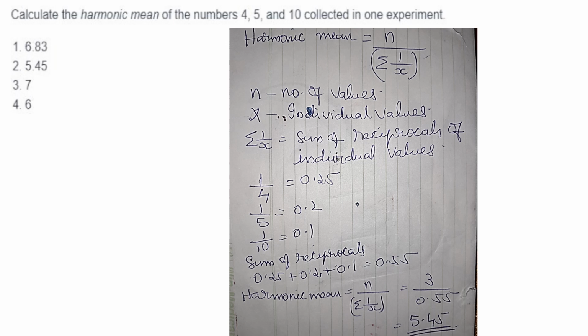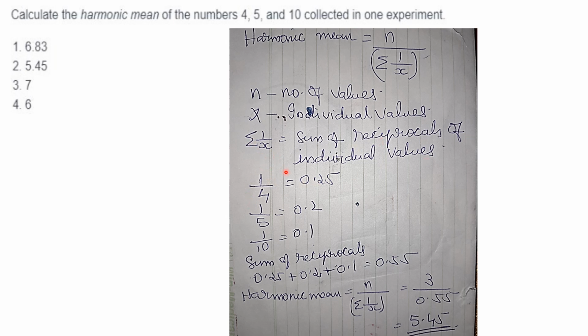Then calculate the harmonic mean of the numbers 5, 4, 5, 10 collected in one experiment. So harmonic mean is the reciprocal of the mean of the reciprocal of the values. That is what we have understood. So harmonic mean is n by sigma 1 by x, where n is the number of values, x is individual values, and sigma 1 by x is the sum of the reciprocal of individual values.